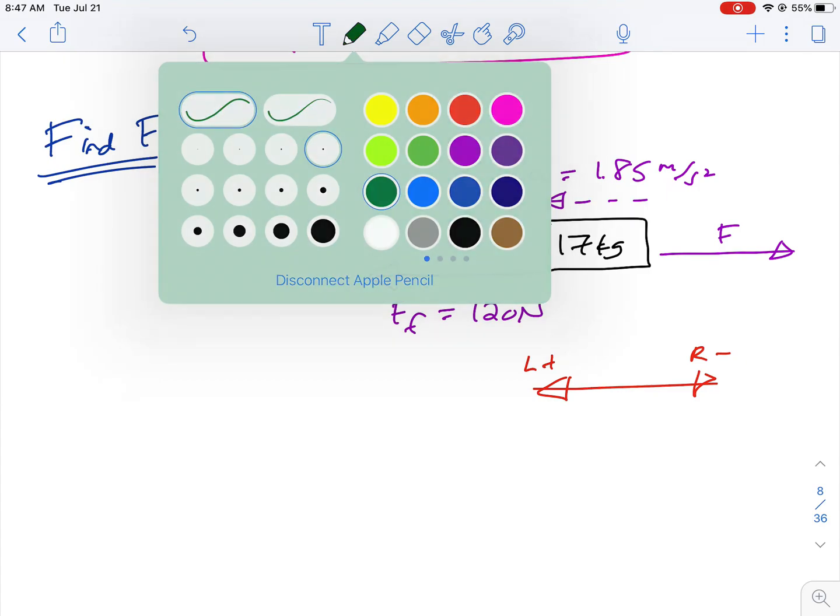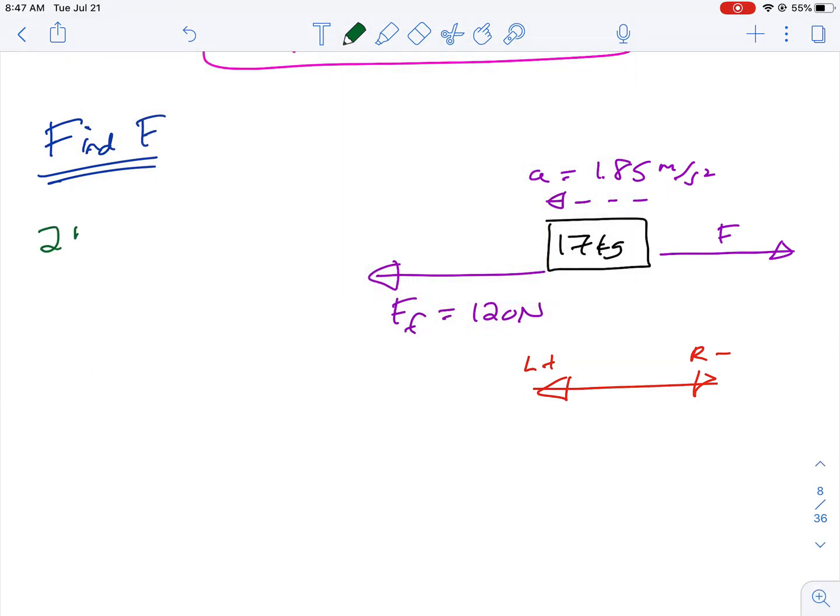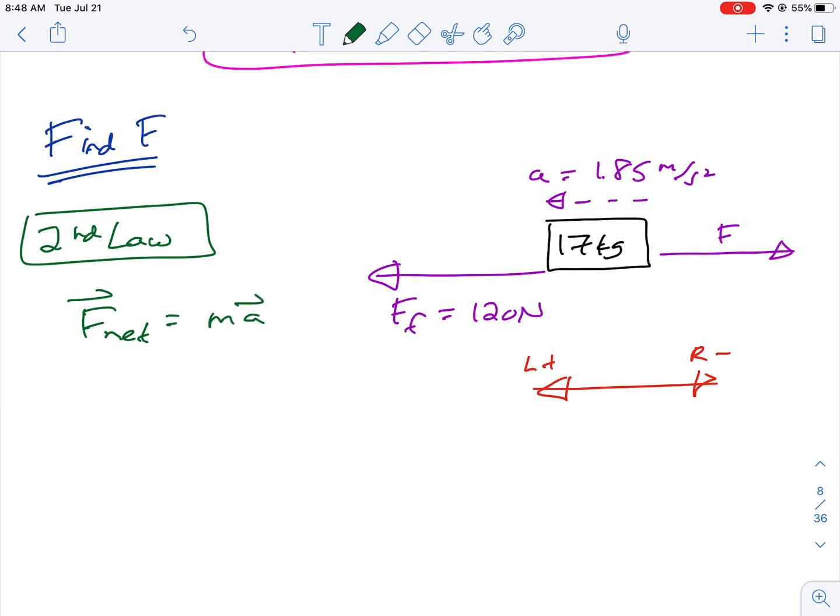All right, so that's going to be Newton's second law. F net equal to ma. FF will be positive because it's to the left. F will be negative, equal to ma. And we expect F to be less than 120 because it accelerates in the direction of FF.